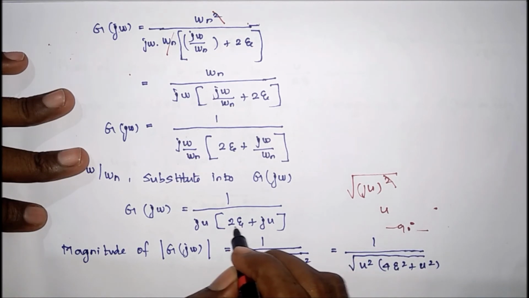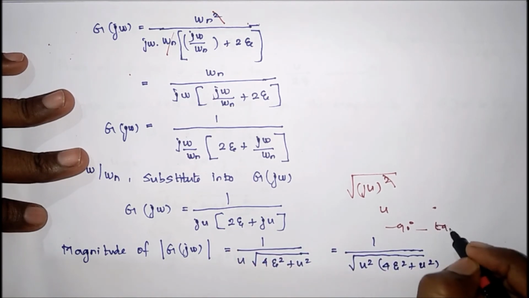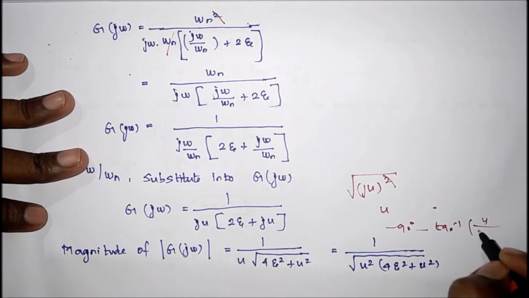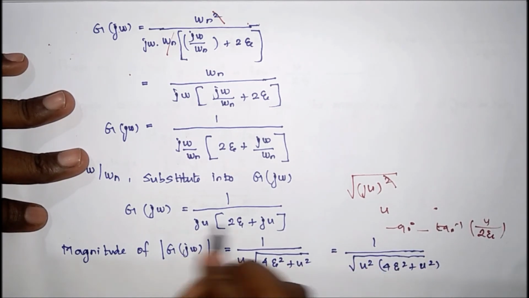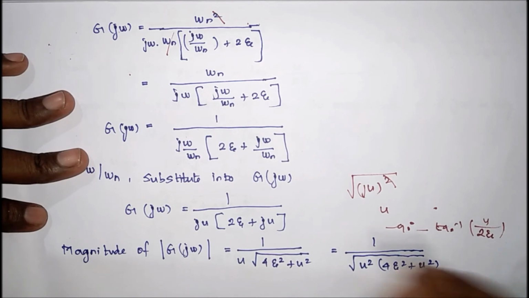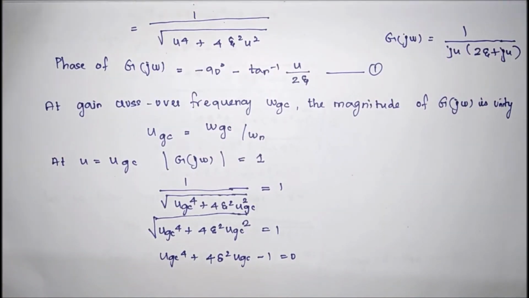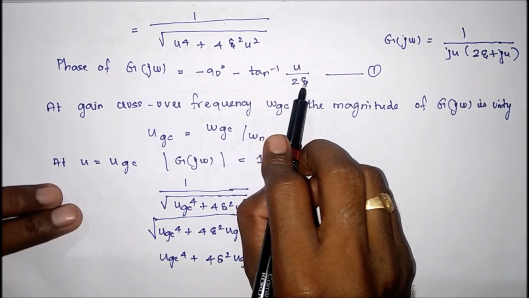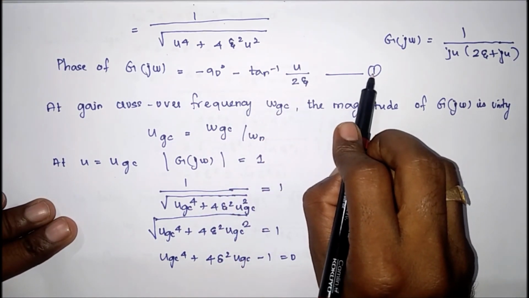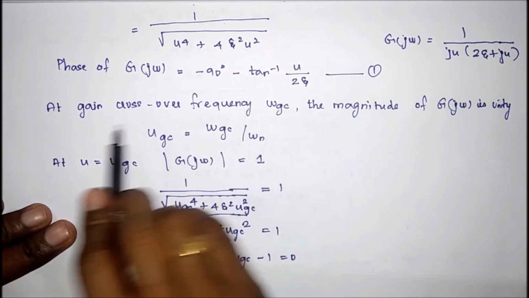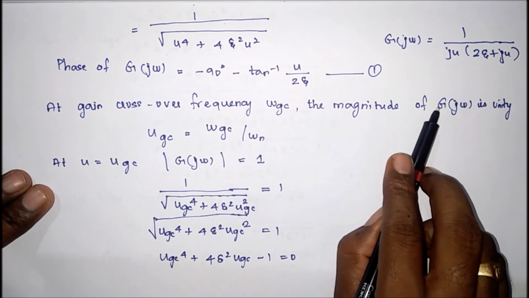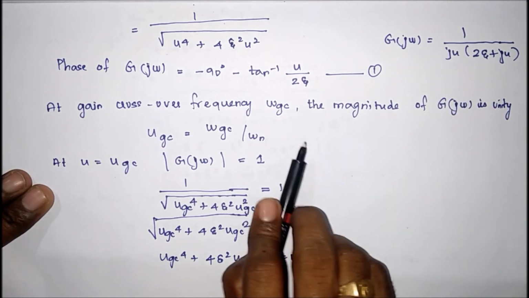This has a real part and an imaginary part, therefore tan inverse of imaginary part u divided by real part 2 eta. So this is the angle for this complex system. So the angle is minus 90 degree minus tan inverse of u divided by 2 eta. We can consider this as equation number 1. Now at gain crossover frequency omega gc, the magnitude of G of j omega is unity.